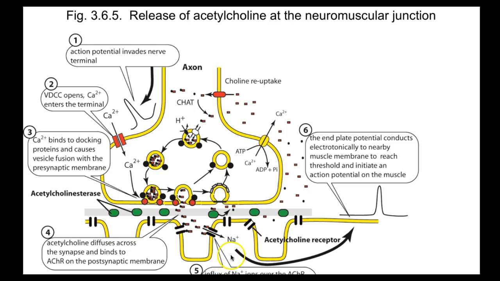This depolarization will contribute to the end plate potential. When the end plate potential reaches threshold, it will fire an action potential. The action potential can travel down both directions, this way and also the other way on the muscle fiber.